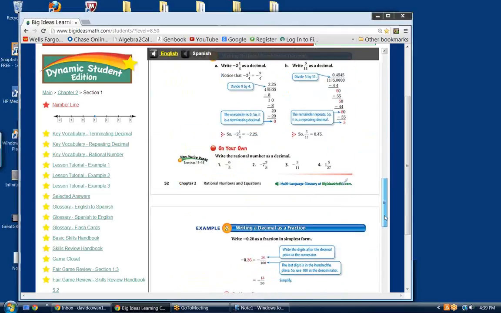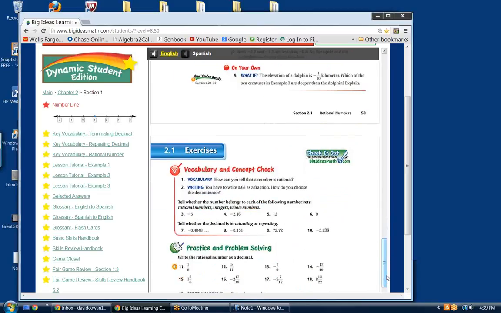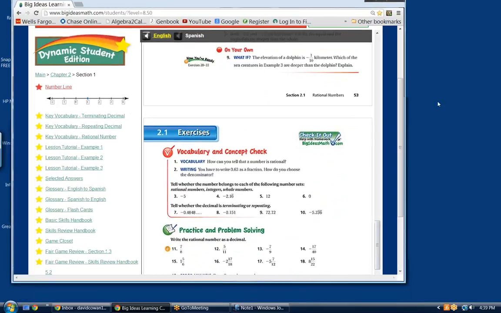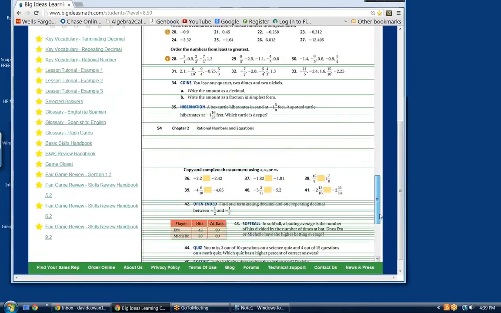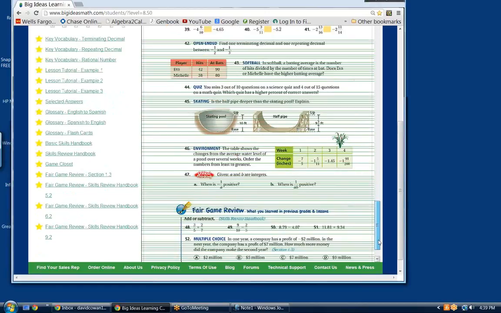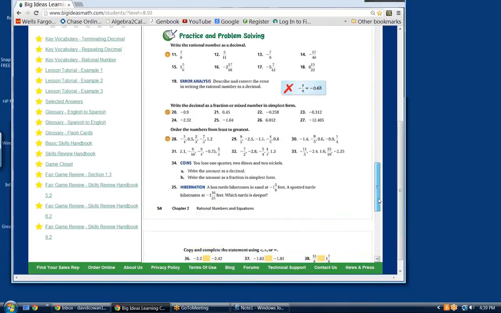Go all the way down to 55. Exercise. All the way down to 55? Yeah. Wait, no, 54. Okay, I think, let's see, this is 55. Which of these exercises do we want to start at?